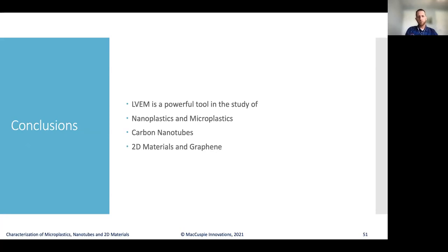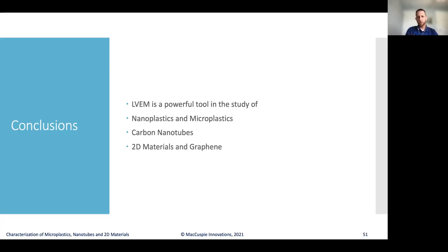So to wrap it up with some brief conclusions, the LVEM is a powerful tool in the study of nanoplastics and microplastics. It's also a powerful tool in the study of carbon nanotubes, as well as for 2D materials and graphene. We've seen how in each of these material cases, the role of electron microscopy, in particular electron microscopy with low accelerating voltages, provides increased contrast.